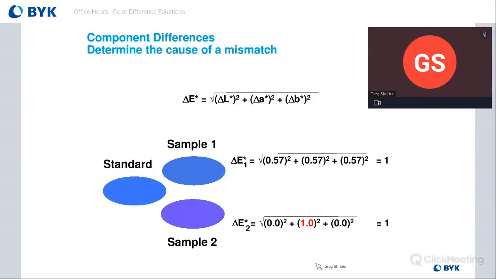Number 1 is all of these equal components, your delta L, delta A, and delta B, all of those differences are equally spread out across all 3 components. In sample 2, all of it is coming from a single component, and that happens to be the A value. So the A value is red-green, B value is yellow-blue.